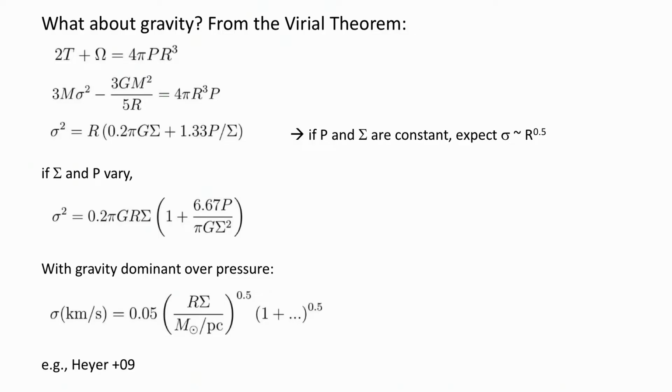Now, if we're just looking at a certain sample where we always happen to see the same column density, it's some brightness limited sample, and if we're just looking in the solar neighborhood where everything has about the same pressure, sigma, which is column density, pressure the same, the parentheses is the same, you get sigma squared goes as R, independent of anything. It's just a selection effect. It's neither gravity nor turbulence. It's just a selection effect. So there's this third option. But let's keep going.